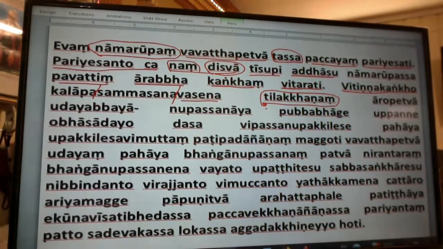Tilakkhanam aropito. Aropito is putting on the three characteristics. So putting the nama and rupa, mentality and materiality, into three characteristics. Nama or rupa or whatever, they have only three characteristics, isn't it?